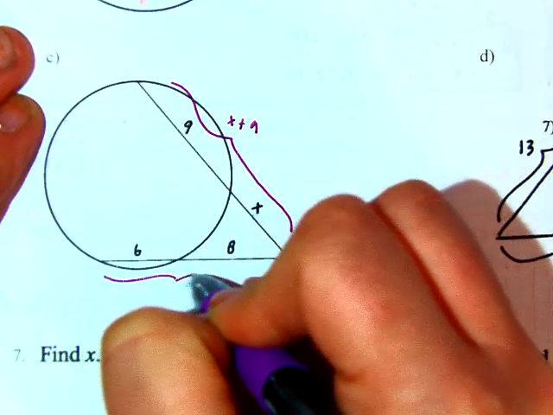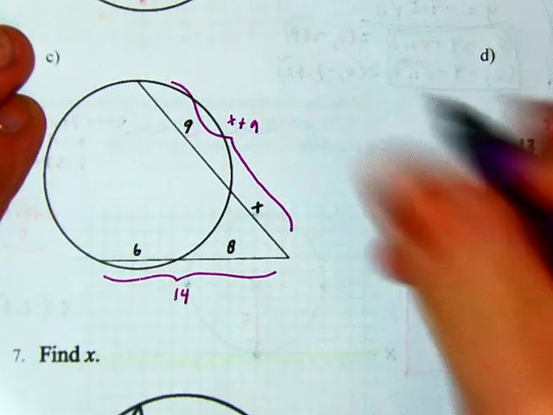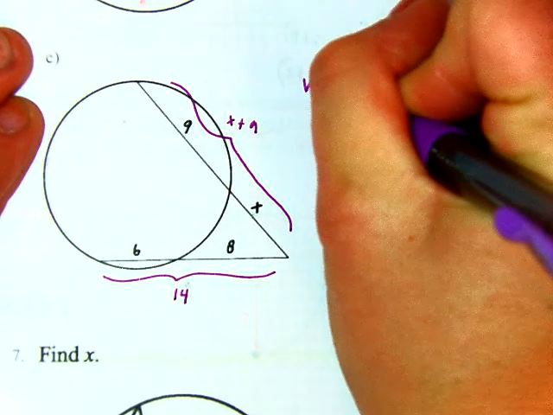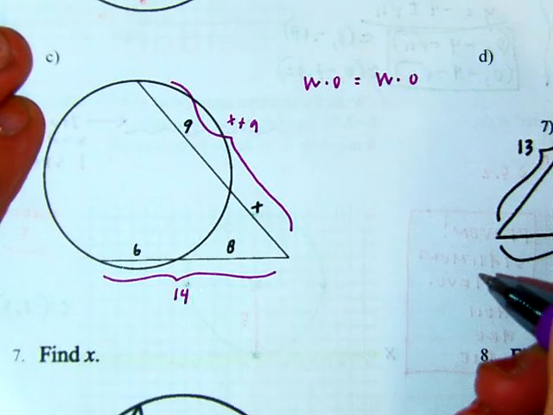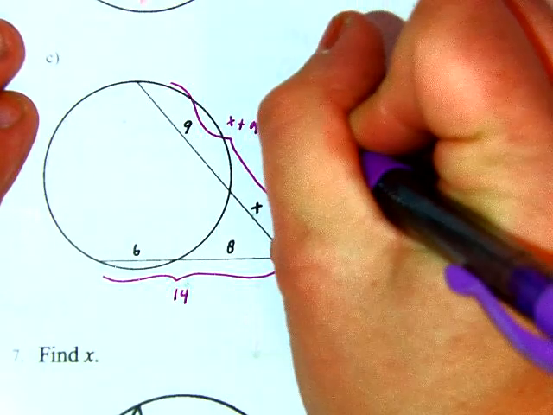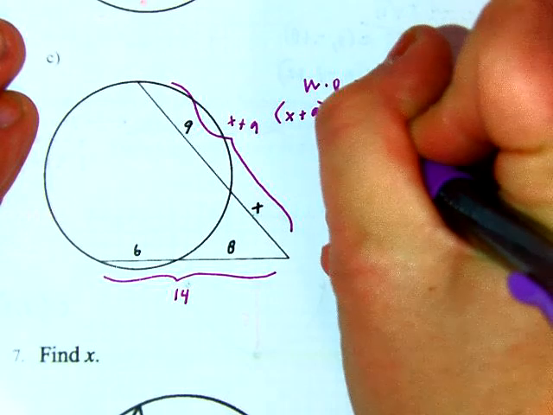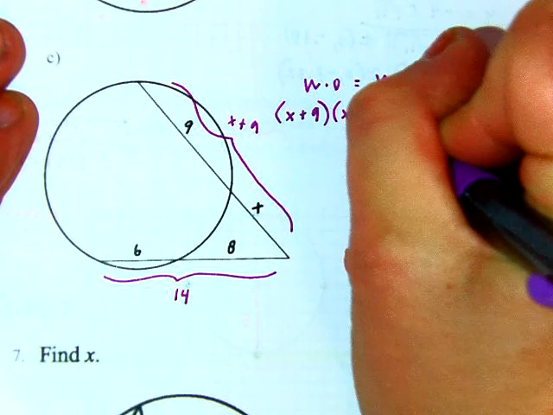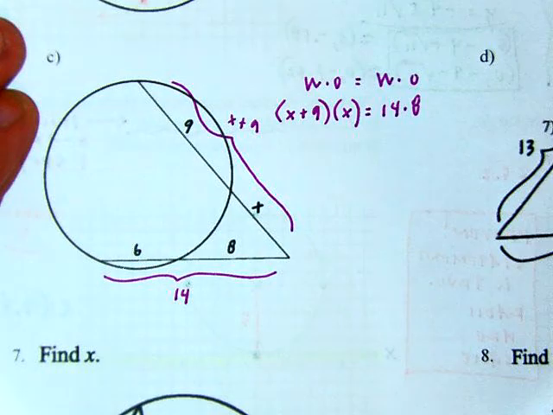And for this one, it would be 6 plus 8, which is 14. So again, whole times outside equals whole times the outside. So on top, that means x plus 9 times x. And on bottom, that means 14 times 8.